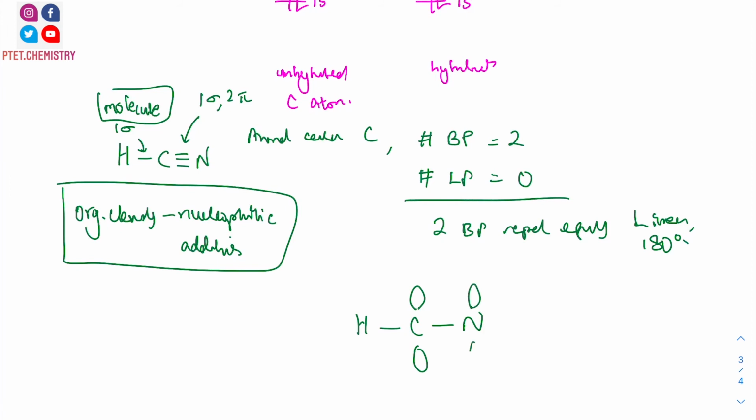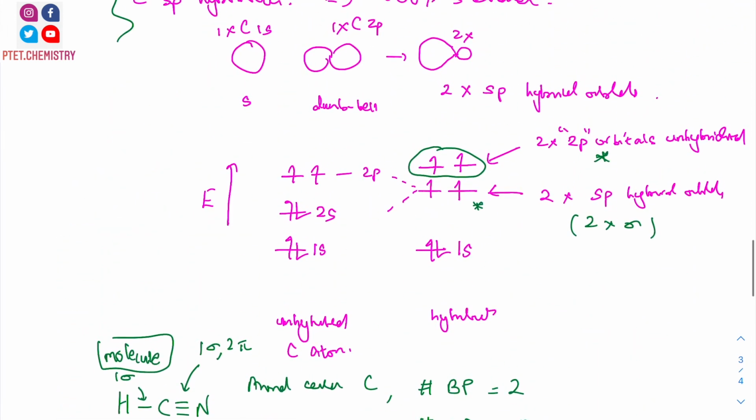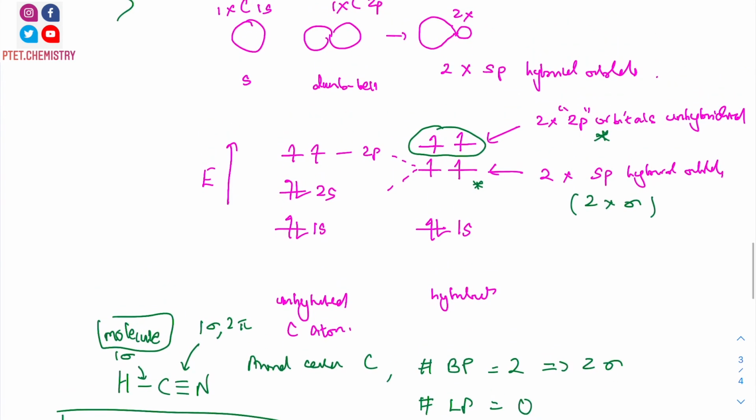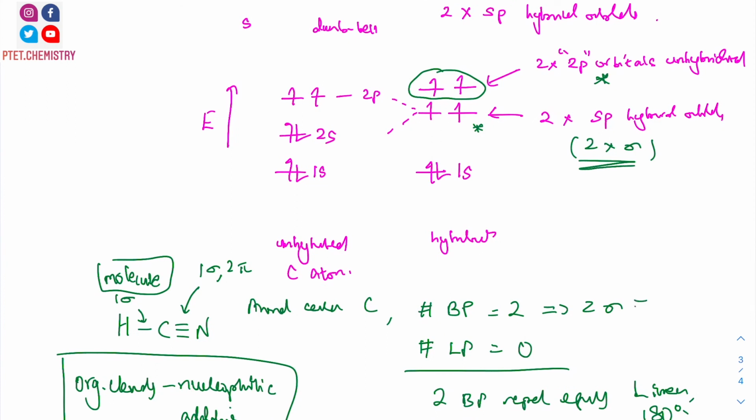On the nitrogen, I have 1 electron, and on the carbon, like that, I actually have 2 of the 2p orbitals that are unhybridized because I only form 2 sigma bonds, 1, 2 on my carbon with no lone pair. 2 bond pairs here refer to 2 sigma bonds. 2 sigma bonds would mean the hybridization is sp.